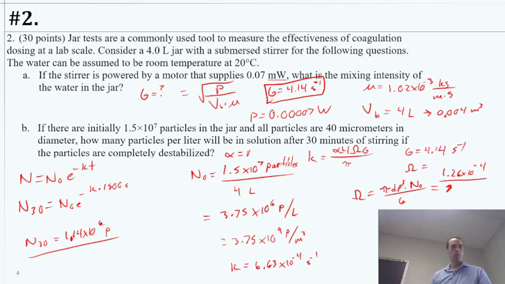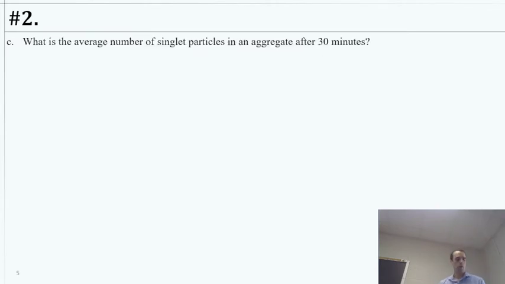Okay, and I think 1 or 2 of you got all of that correct, but it was quite an involved problem in that sense. So I think most people lost at least a couple points. Part C then said, what is the average number of singlet particles in an aggregate after 30 minutes? So here, I was really looking for you to approach the problem correctly, because at this point I knew most of you had not gotten part B fully correctly, so that wasn't really bothering me, so long as you took an approach to say, oh, okay, this n naught over n30 was what I was asking for.